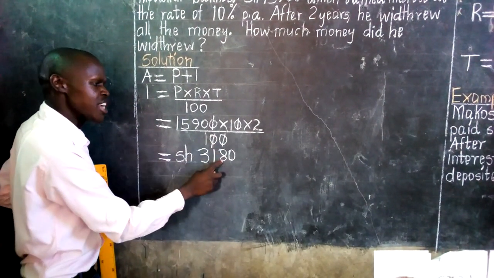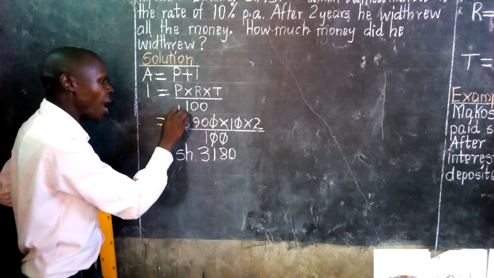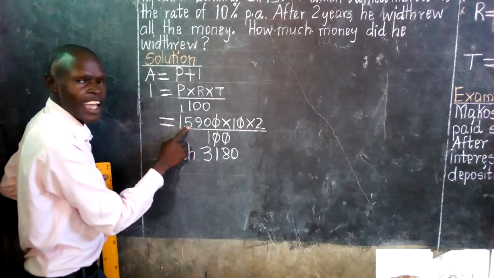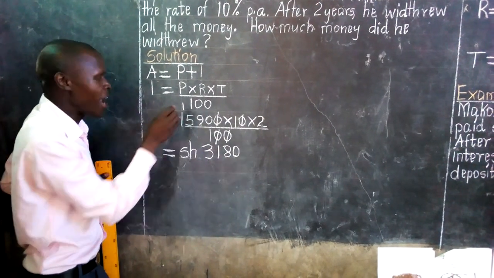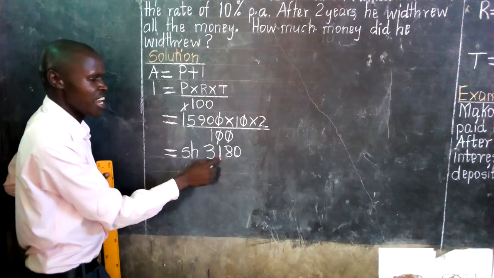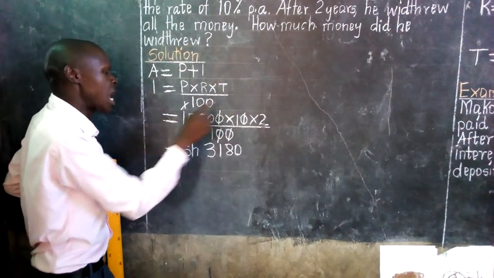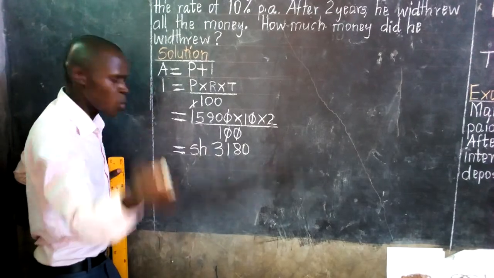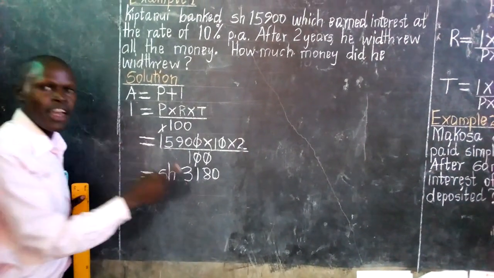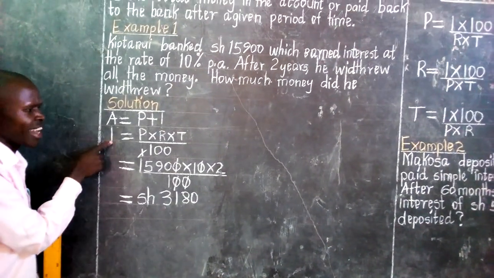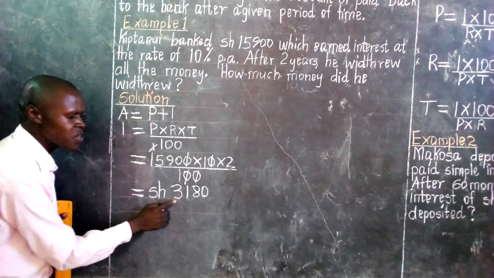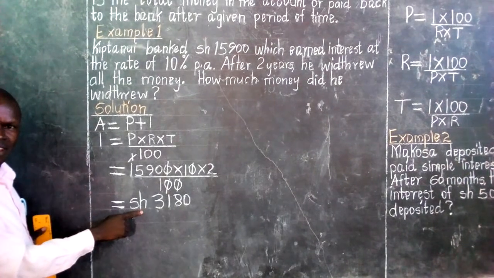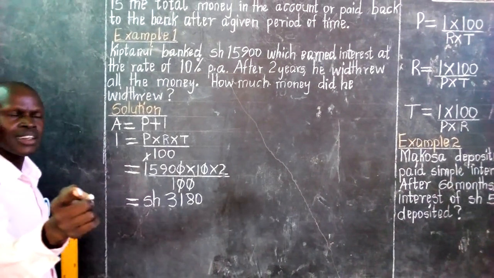We write 8, then we carry 1. 2 times 5, we shall get 10, plus the 1 shall get 11. 2 times 1 is 2, plus 1 shall get 3. That means our interest will be 3,180 shillings.